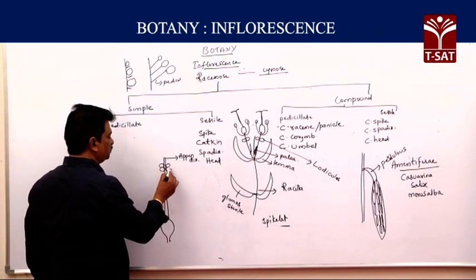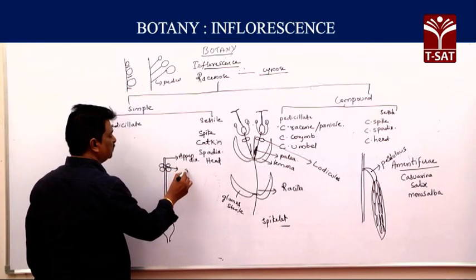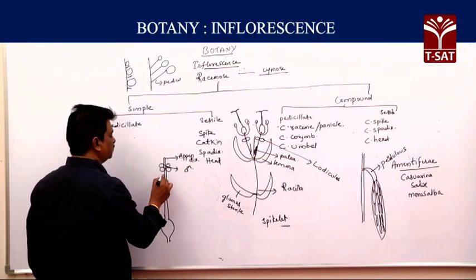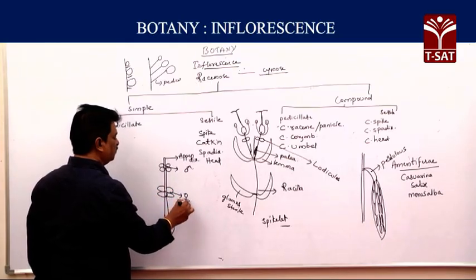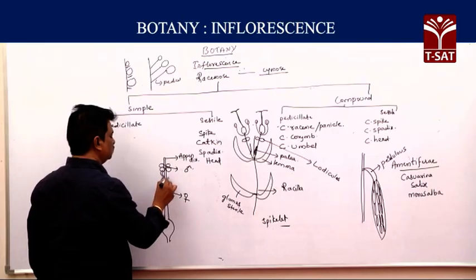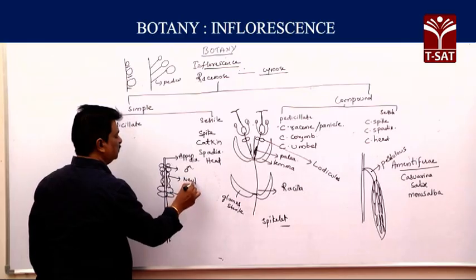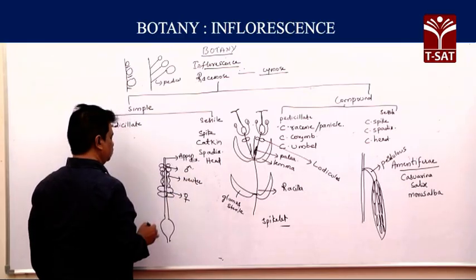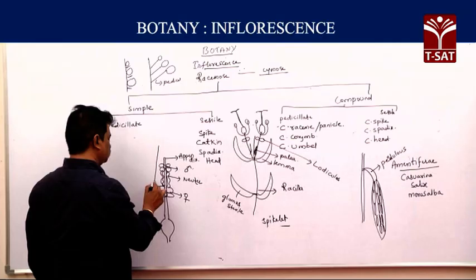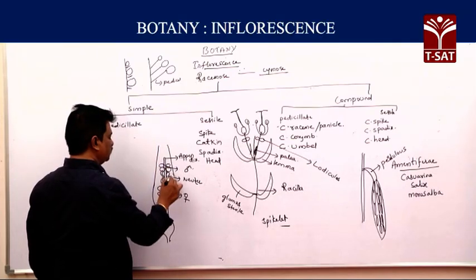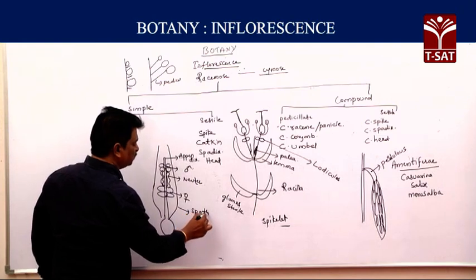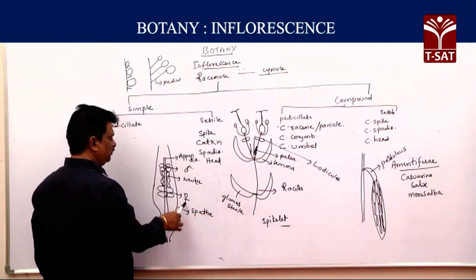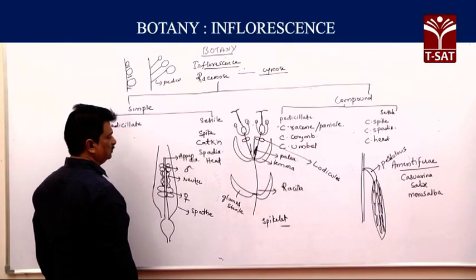It produces 3 types of flowers. Upper side male flowers, lower side of peduncle female flowers, and between male and female, sterile or neuter flowers are present. Then the whole inflorescence is enclosed by a modified bract. That modified bract is called spathe.